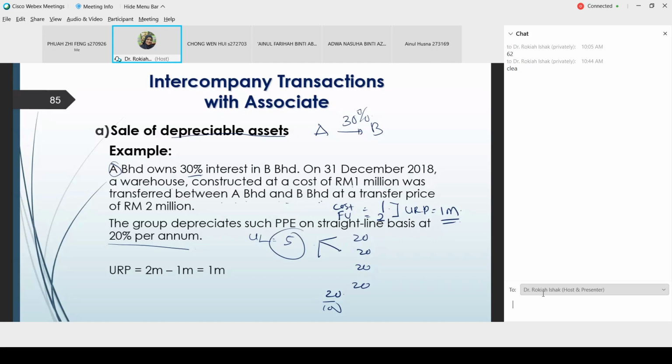The URP is already calculated: 1 million in total. But A only owns 30%, so A is only entitled to 30% of this. The whole amount of profit is 1 million, but they are entitled to only 30%.